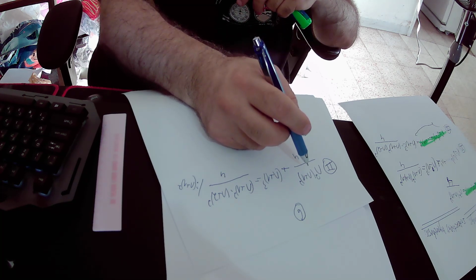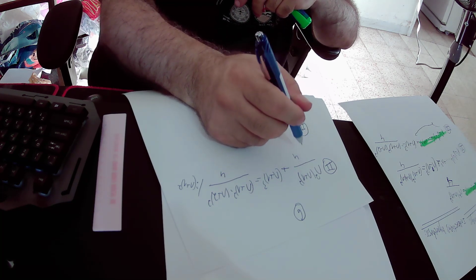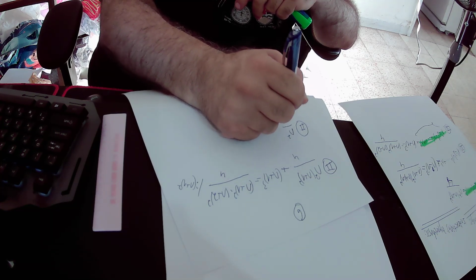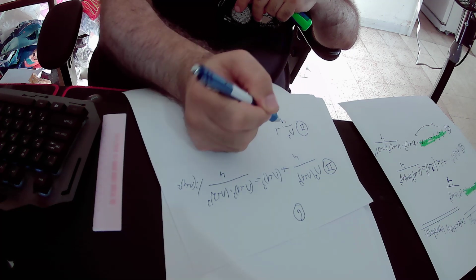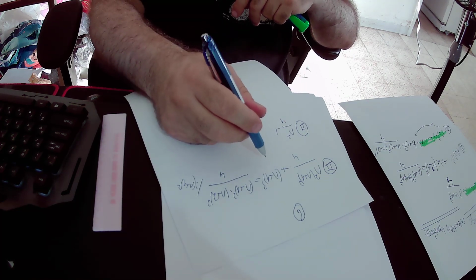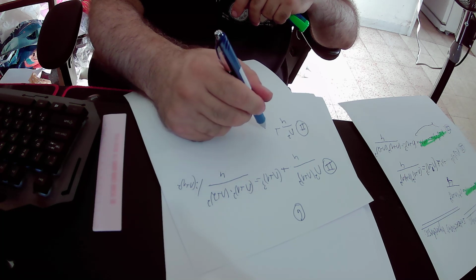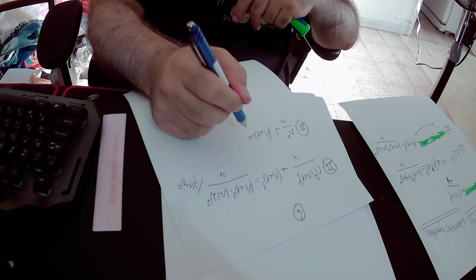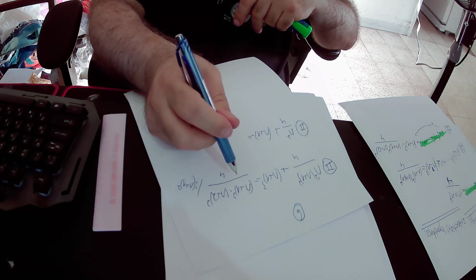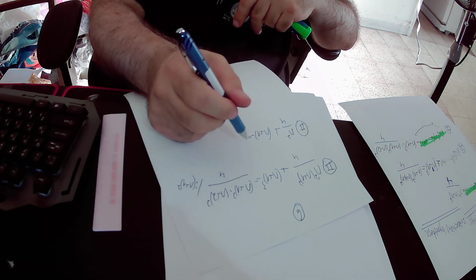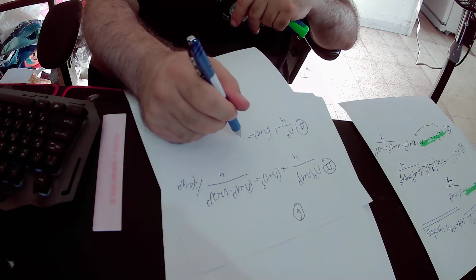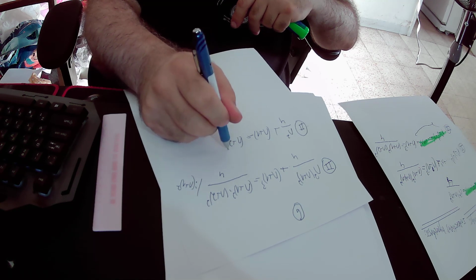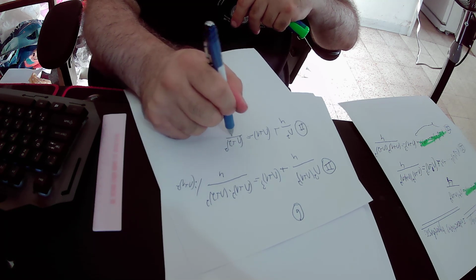You have n squared times (n plus 1) squared divided by (n plus 1) squared, which is n squared, divided by 4, plus (n plus 1) to the power of 3 divided by (n plus 1) squared, which is n plus 1, equals (n plus 1) squared times (n plus 2) squared divided by (n plus 1) squared, which is (n plus 2) squared, divided by 4.